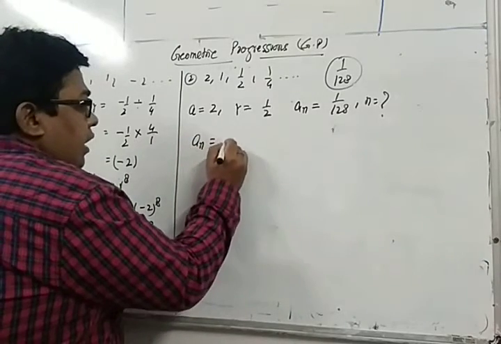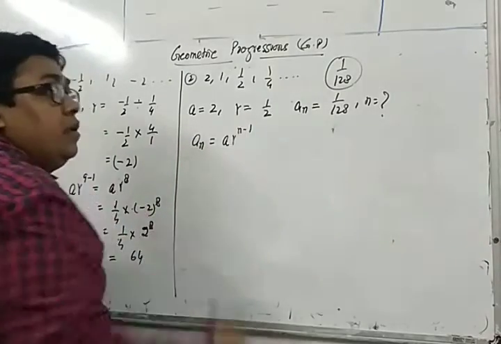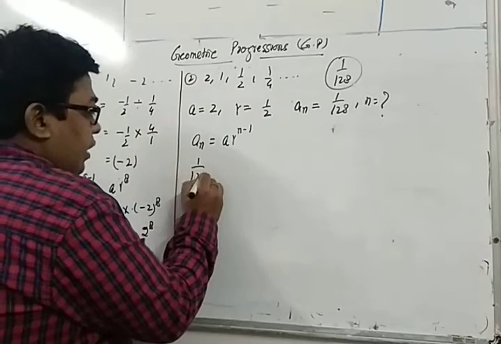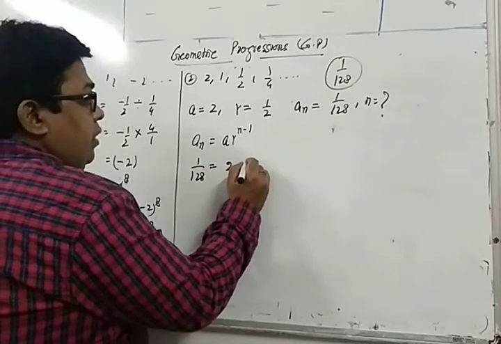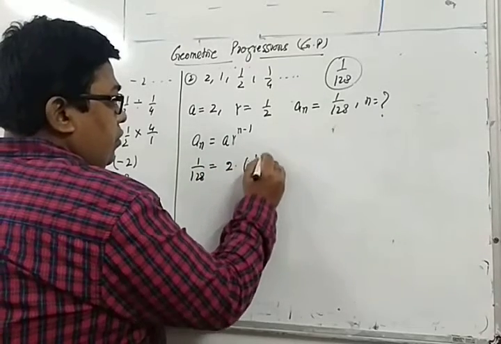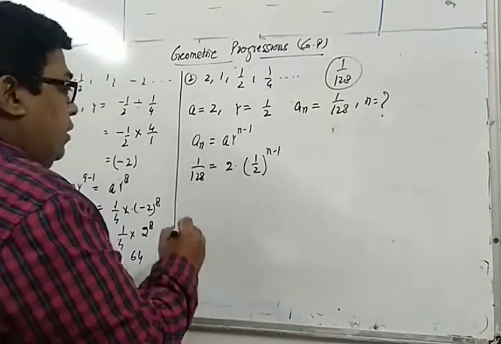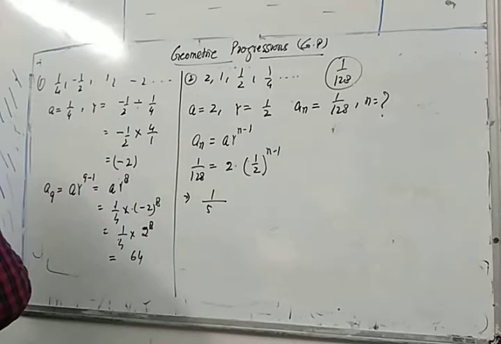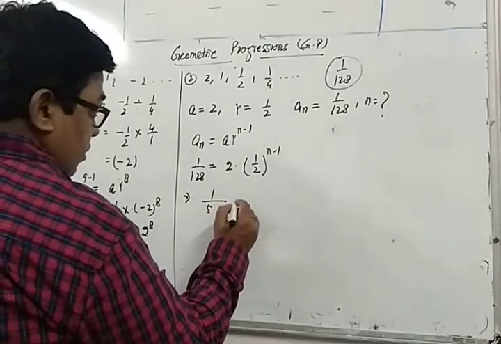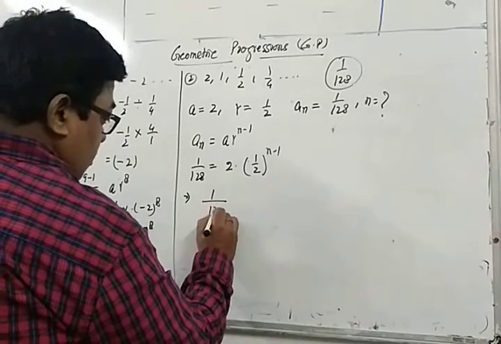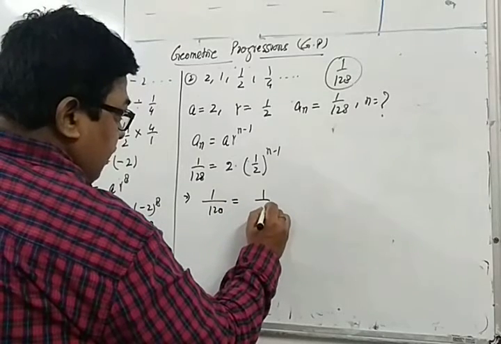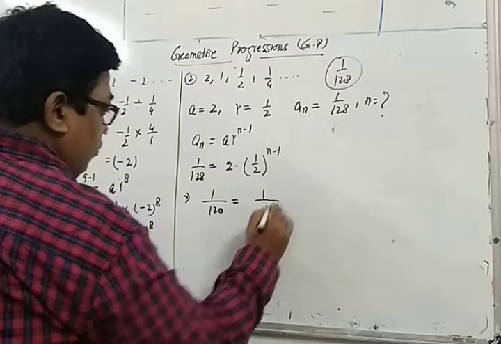Using the formula a r to the power n minus 1, the value of an is 1 upon 128, a is 2 and r is 1 upon 2, so 1 upon 2 to the power n minus 1. Further calculation, it becomes 1 upon 128 equals 1 upon 2 to the power n minus 2.